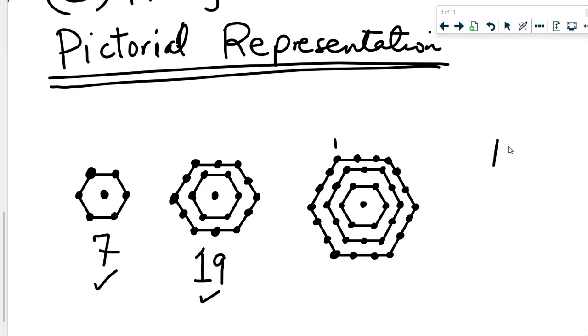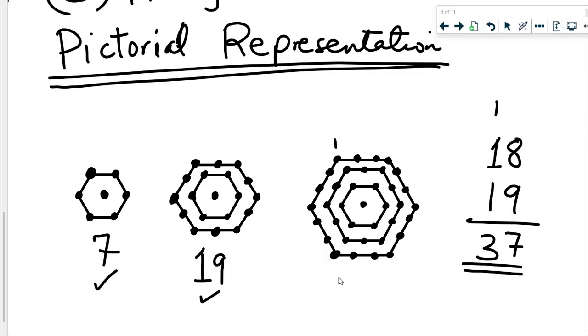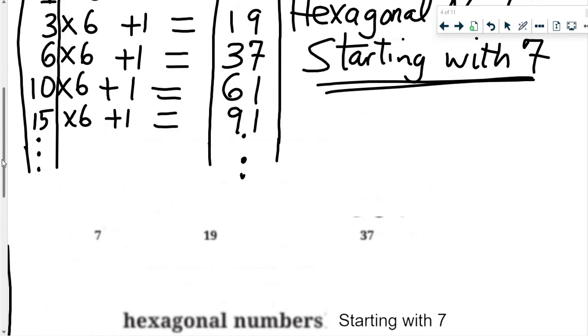So you have 18 dots. Add 19. What do you have? 7 plus 9 is 16, so 17. Carry 1. 1 plus 1, 2. 2 plus 1, 3. 37. So 37. What did we get here? 37.